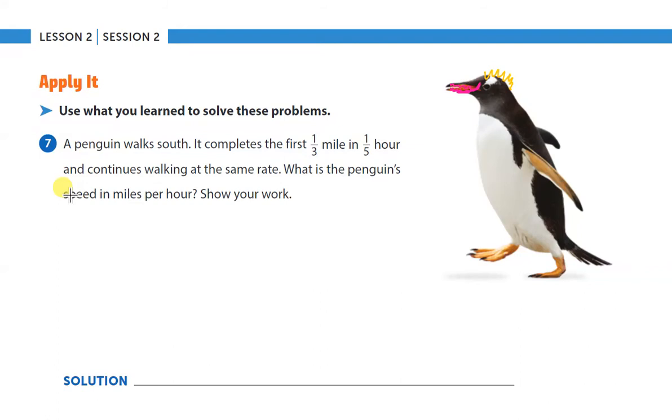A penguin walks south. How nice. It completes the first 1/3 mile in 1/5 of an hour and continues walking at the same rate. What is the penguin speed in miles per hour?